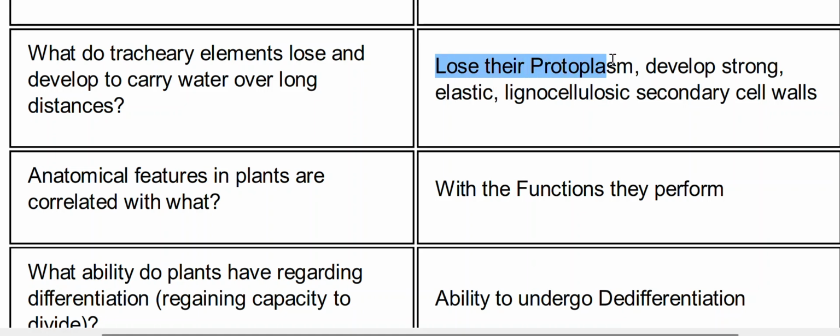In the tracheary elements, they lose protoplasm and develop strong, elastic lignocellulosic secondary walls. That is the difference. Tracheary elements lose protoplasm because they have to carry water over a long distance.